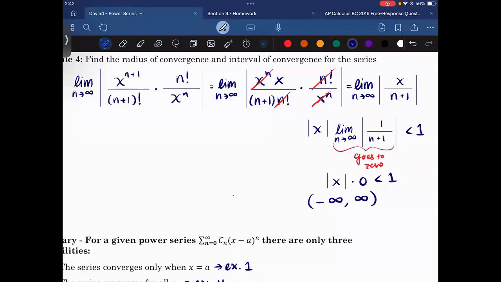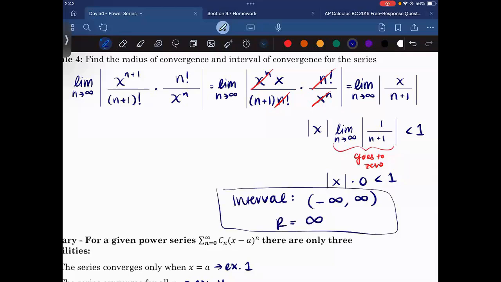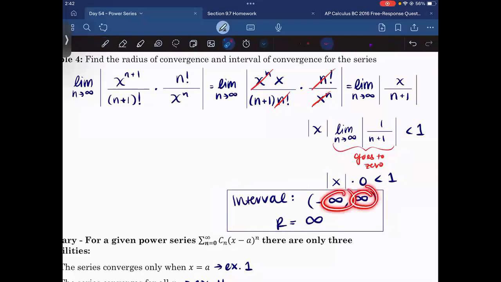Let's say the interval is all real numbers, and the radius is also going to be infinity. You're going to have to think about it a little bit logically: if we have something approaching 0, which is getting infinitely small, then we can multiply it by any number we want on the entire spectrum, and it's going to fit.